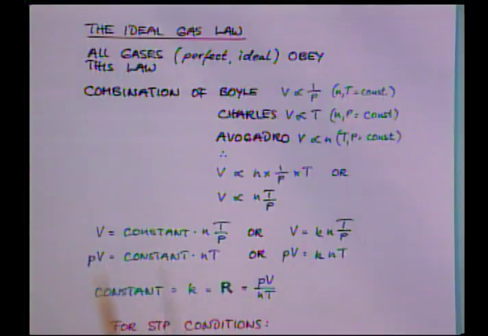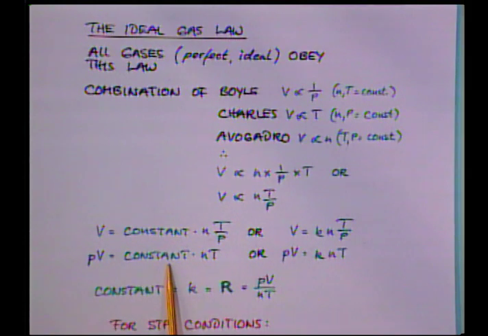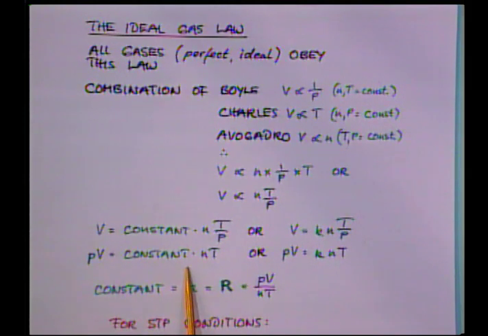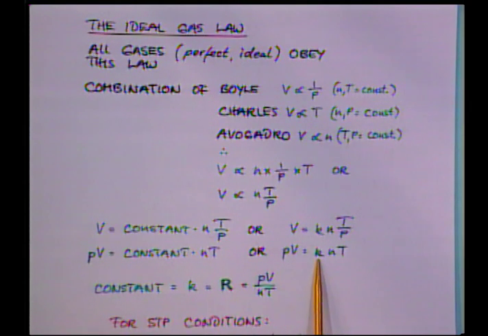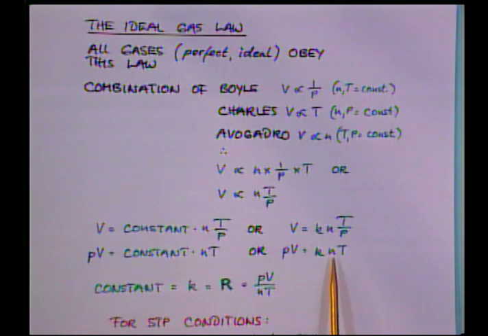And this constant has to have the units incorporated, so when you calculate with an equation, the units cancel in the appropriate manner depending on what you're looking for. So we can say PV, we take pressure to the left side of the equation. We have PV equals a constant times number of moles times temperature. Or PV equals K, the general letter for a constant, times n times T.